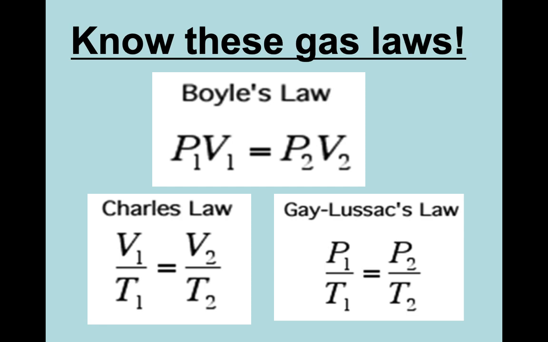The pressure and the volume are inversely proportional. Pressure goes up, volume goes down. That's the only one that's inversely proportional. That's Boyle's law. So pressure up, volume down. Charles's law, volume up, temperature up, or temperature up, volume up. And Guy's law, temperature up, pressure up.